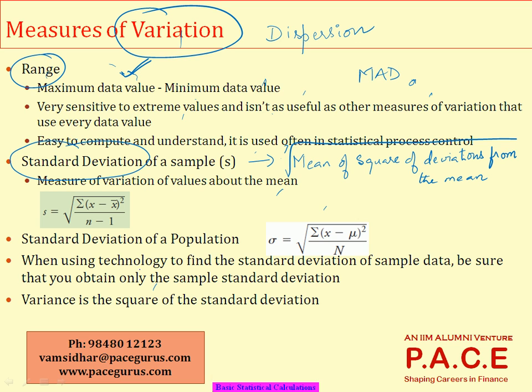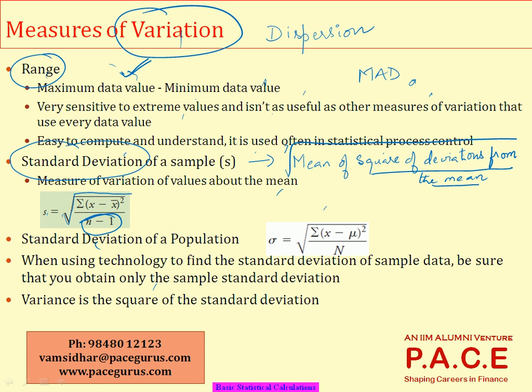That is the better way to represent standard deviation. Now if you look at each of the aspects: square root of the mean of the squares of the deviations from the mean.